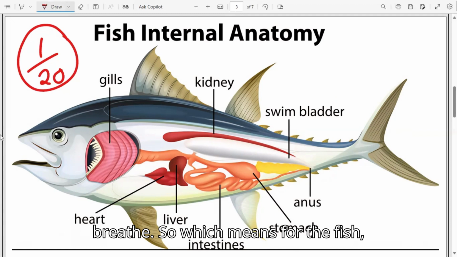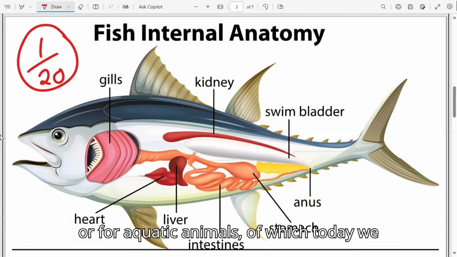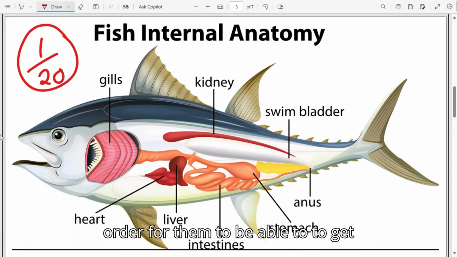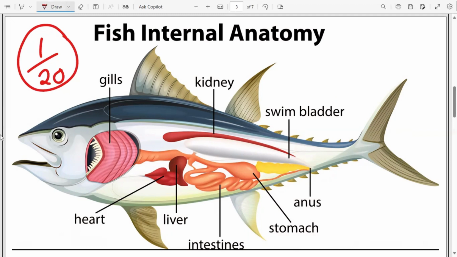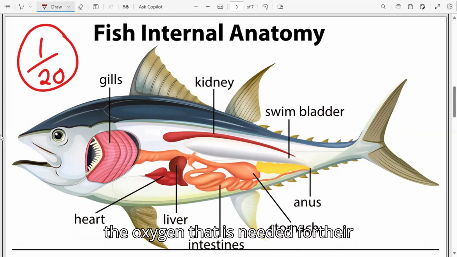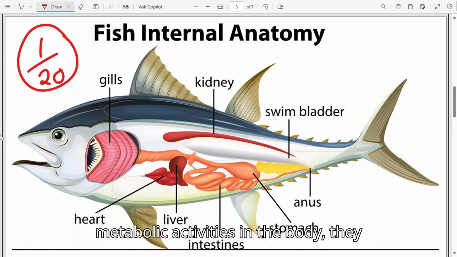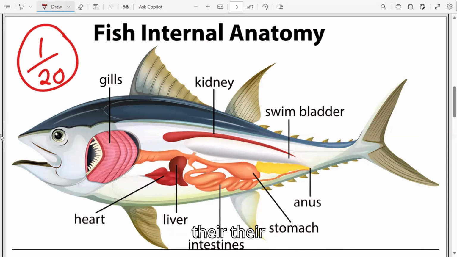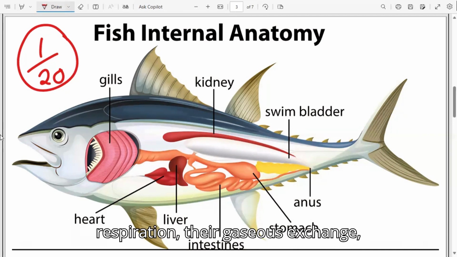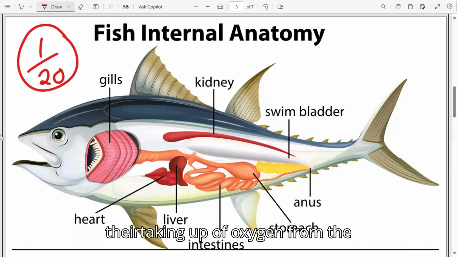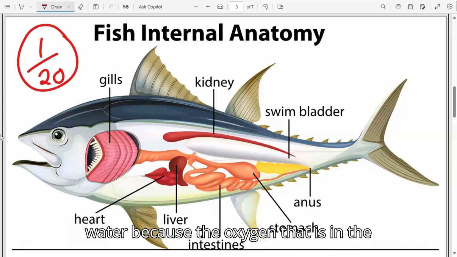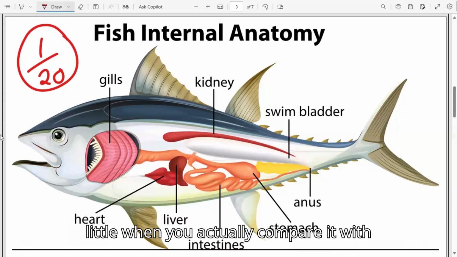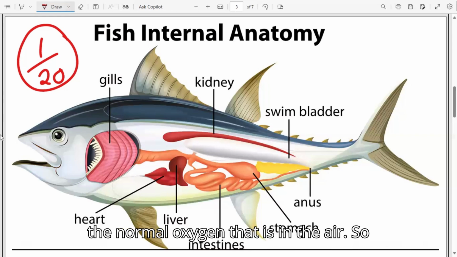So for the fish, or for aquatic animals, of which today we are mostly focusing on the fish, especially those that are very active, in order to get the oxygen that is needed for their metabolic activities in the body, they need to be very efficient in their respiration, their gaseous exchange, their taking up of oxygen from the water, because the oxygen in the water is very scarce when you compare it with the oxygen in the air.